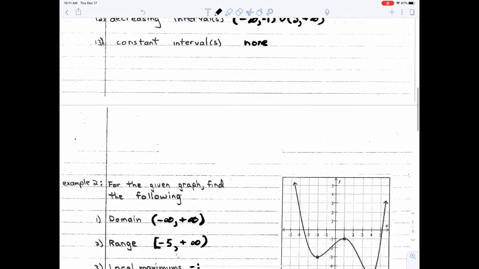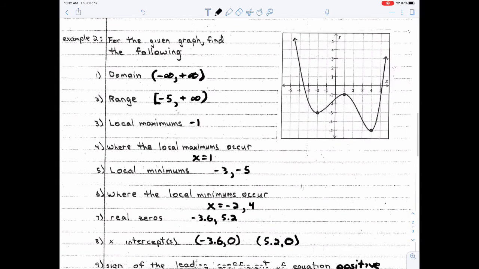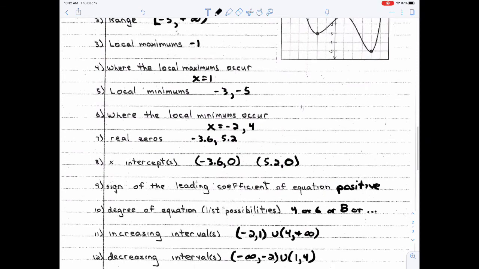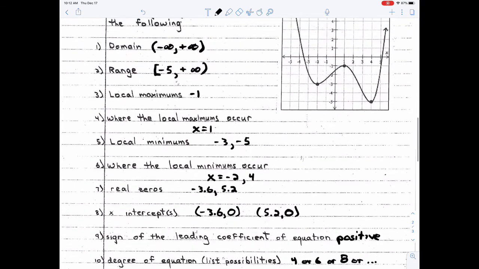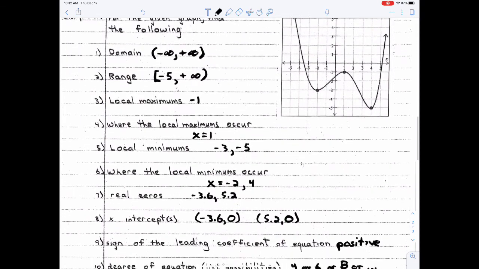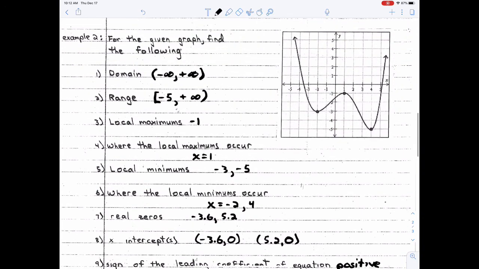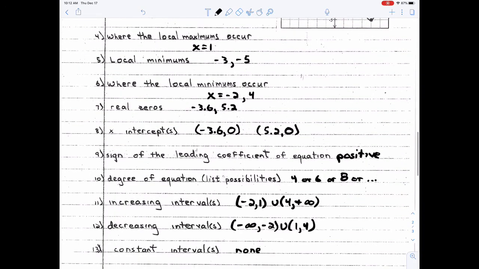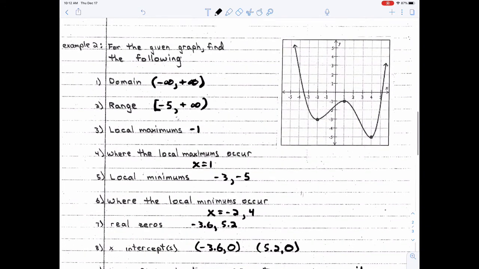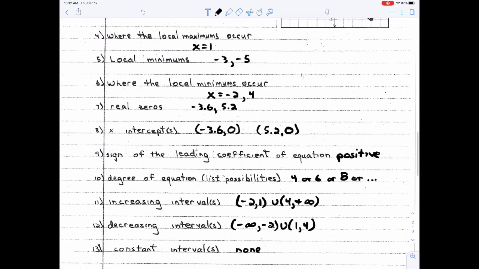On this one, it's going down from negative infinity to negative 2. Then it's going up from negative 2 to 1. And it's going down from 1 to 4. And it's going up from 4 to positive infinity.